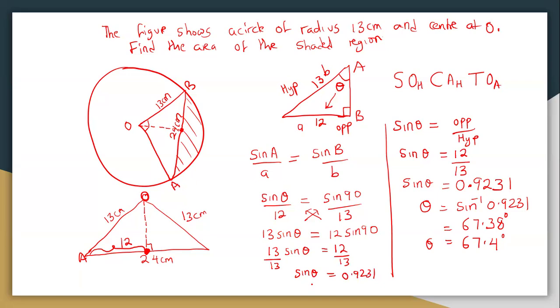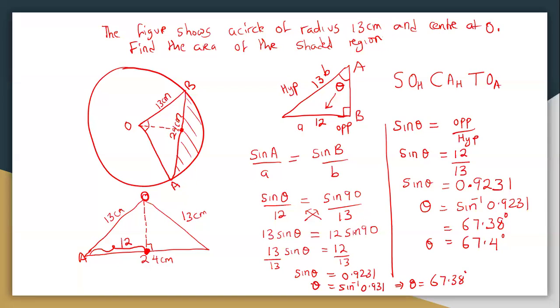Then I took the sine to the other side, that's sine inverse. Sine inverse 0.9231, giving us 67.38 degrees. Wow. Thank you, Virginia. That is very correct.